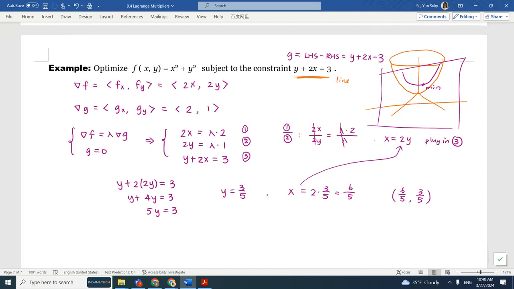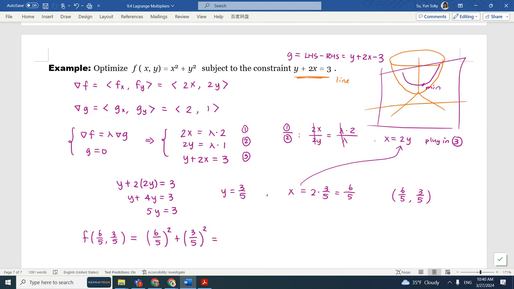So we can plug into f. X squared is 6 over 5 squared, plus y squared is 3 over 5 squared.